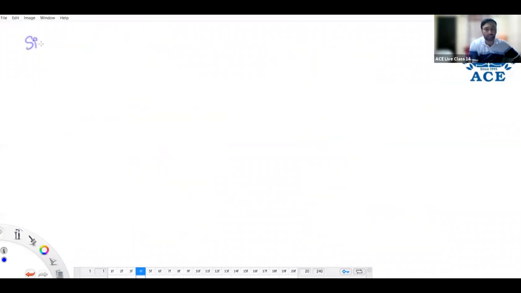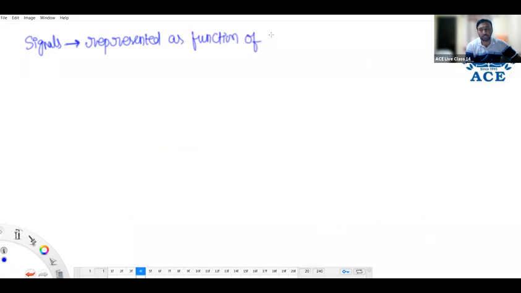Second characteristic of signal is, signals are represented as functions of one or more independent variables. We are using a minimum of one independent variable or more than one independent variable.